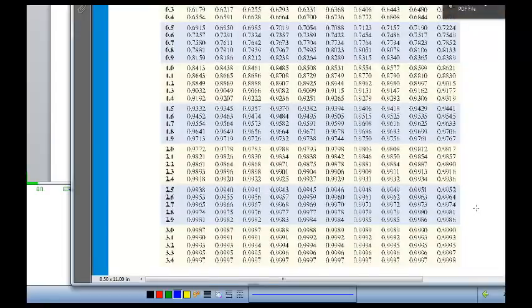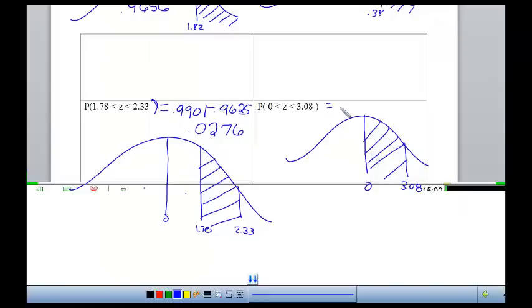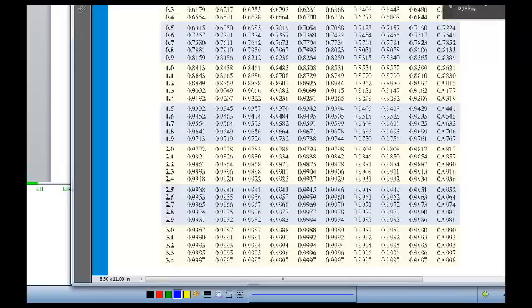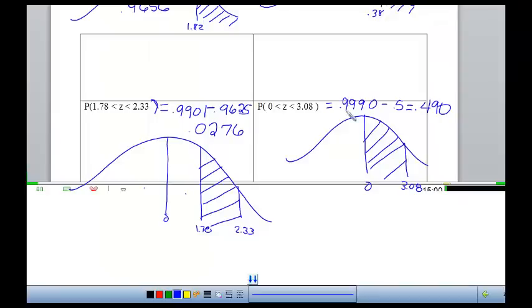And so we're going to subtract from that 0.5, so we get 0.490. I may have left out a 9. What was it? 3.08? 0.9990. Okay, good. So it's 0.4990. Questions about that?